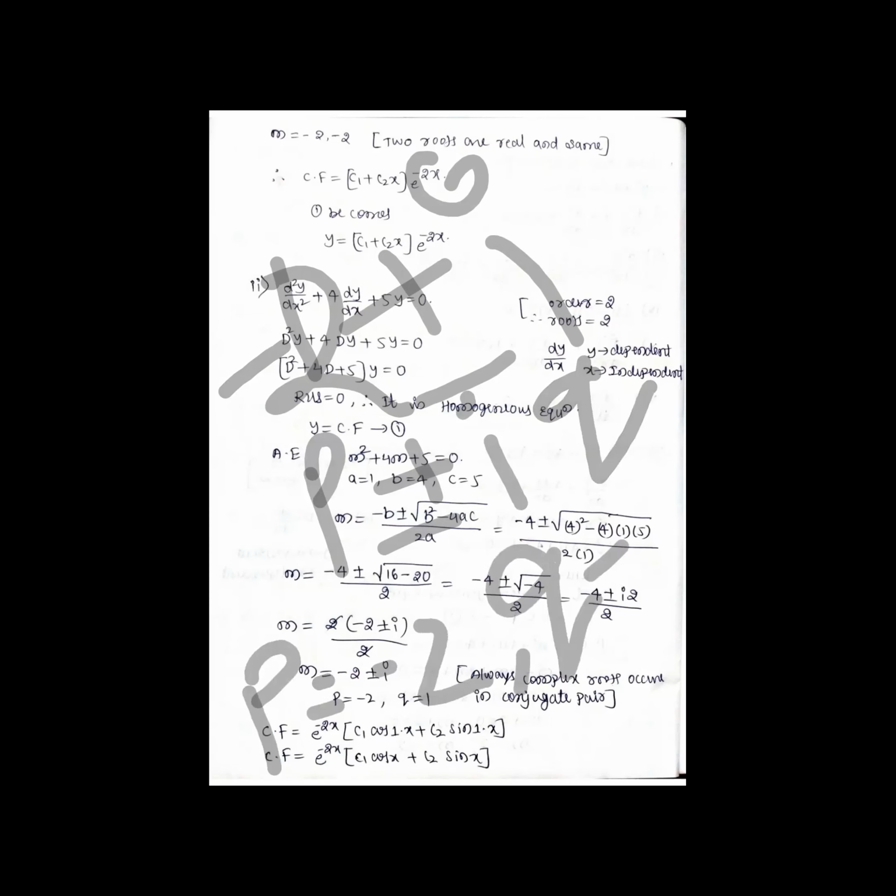And what is q? q is 1. So p is minus 2, q is 1. And the independent variable, then we have to express in terms of the independent variable. That is very important. So you can see here, everything is expressed in terms of the independent variable.